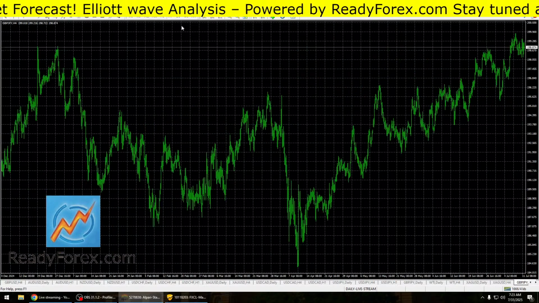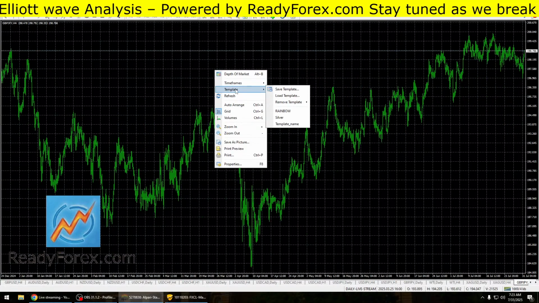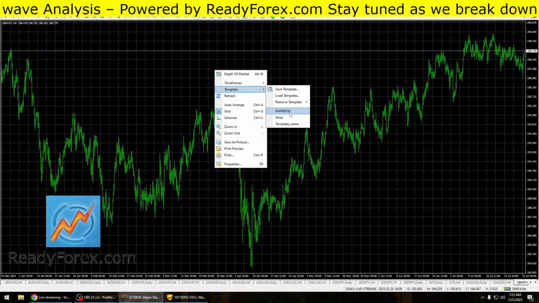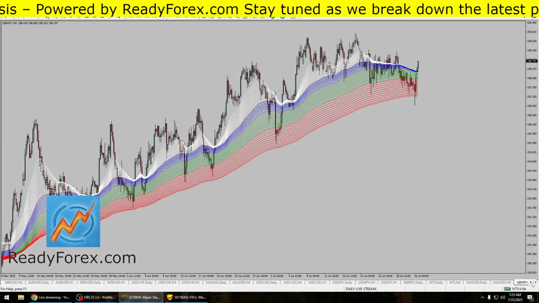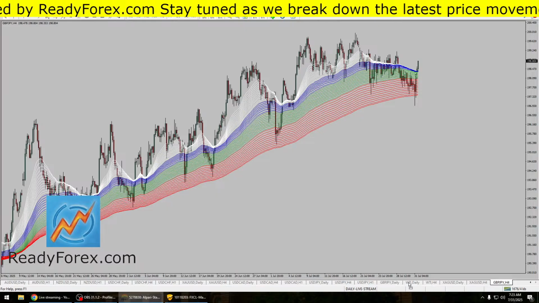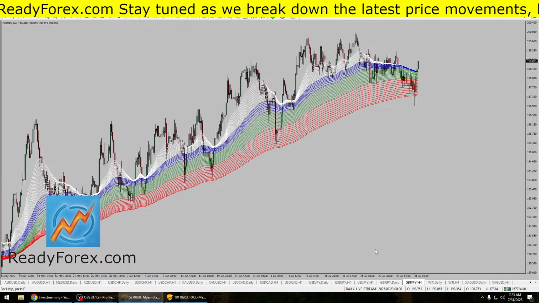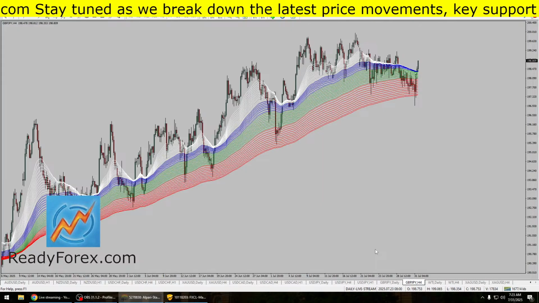So go to a 4 hour time frame and let me change the template, go over to the rainbow. So you see it's a clear uptrend going on, and this is telling me that the market wants to go up even further. It's a nice uptrend inside GBP.